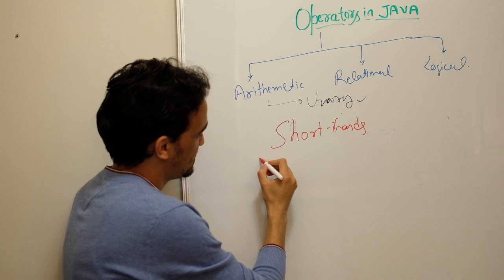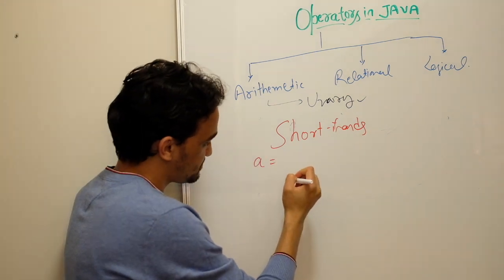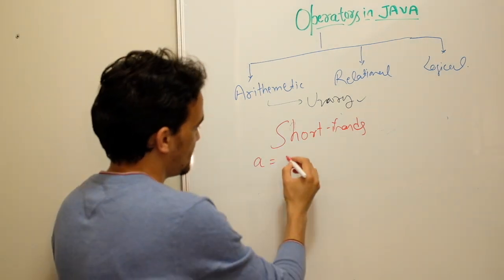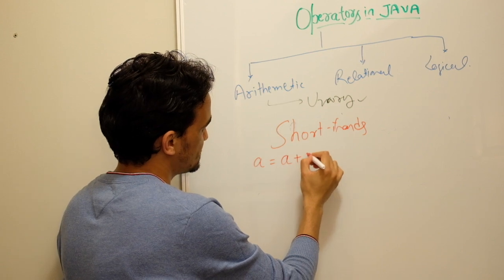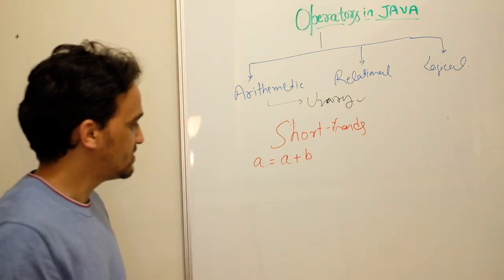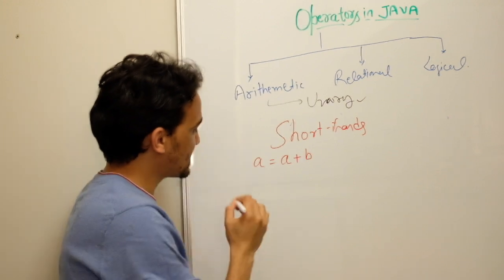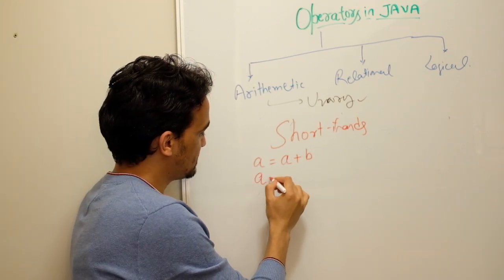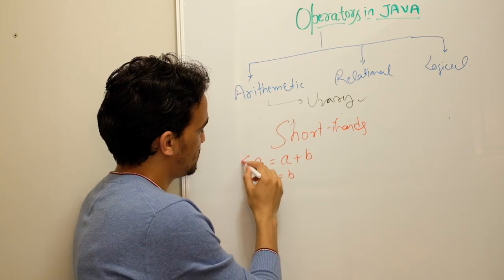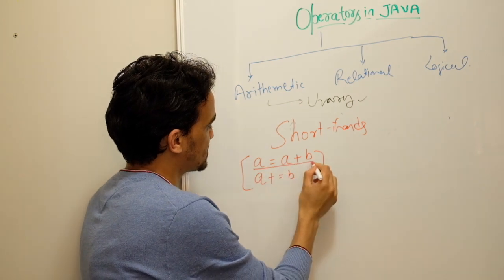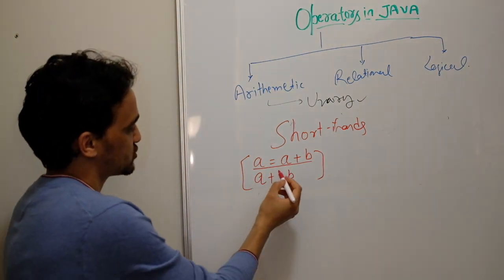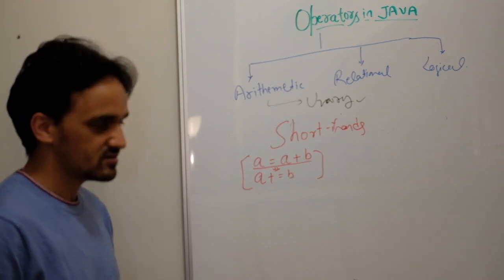If I say A equals A plus B, it can be further written as A plus equals B. Both are the same. The shorthand is nothing but this.